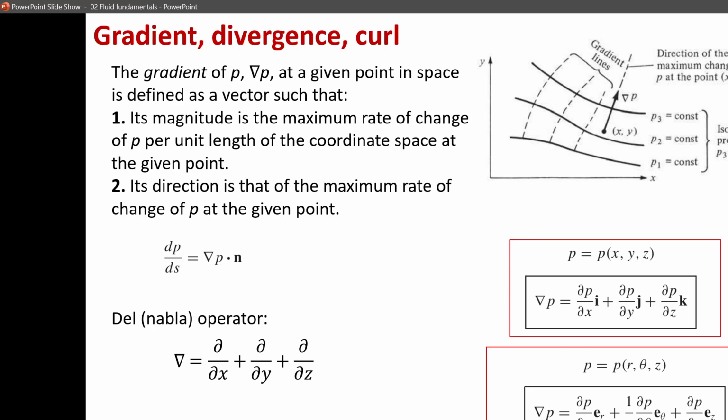And it does make sense. When you're taking the gradient of any field, you are investigating the amount of change in each direction. And the change of pressure can be directional, meaning the change of pressure in x can be different from the change of pressure in y, right? And z. So it makes sense that the gradient of a scalar field is a vector, right? Because the amount of change can be different in each direction.